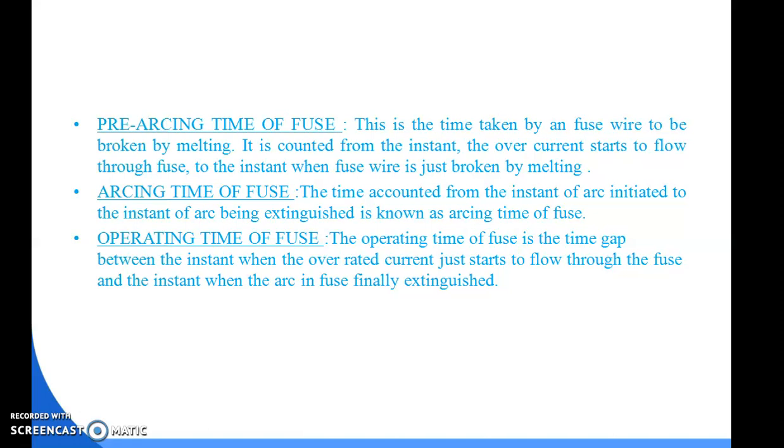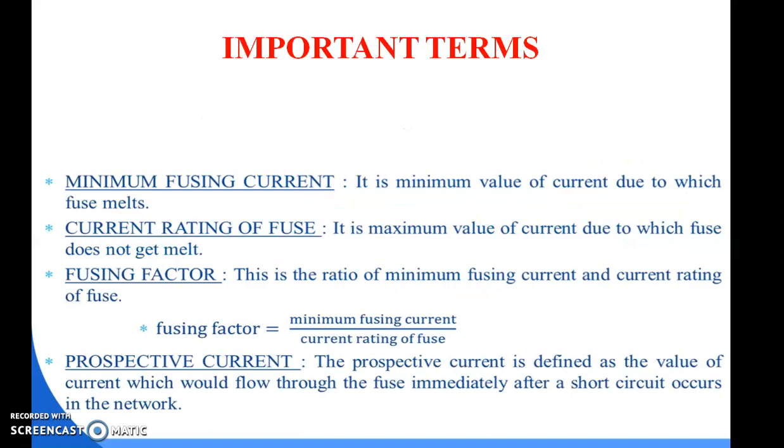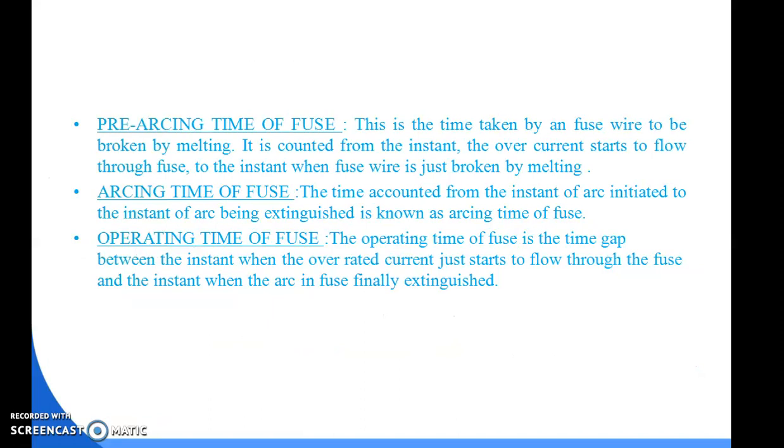We can say these are the important terms of fuse: minimum fusing current, current rating of fuse, fusing factor, and prospective current. Pre-arcing time of fuse is the time taken by a fuse wire to be broken by melting, counted from the instant the overcurrent starts to flow through the fuse to the instant when the fuse wire is just broken.